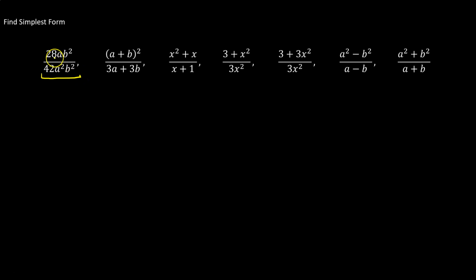First, let's look at the greatest common factor between 28 and 42. We have a number of different ways to find the greatest common factor between 28 and 42. We can prime factor, we can use our calculators. However you want to do it, you'll find that the greatest common factor is 14.